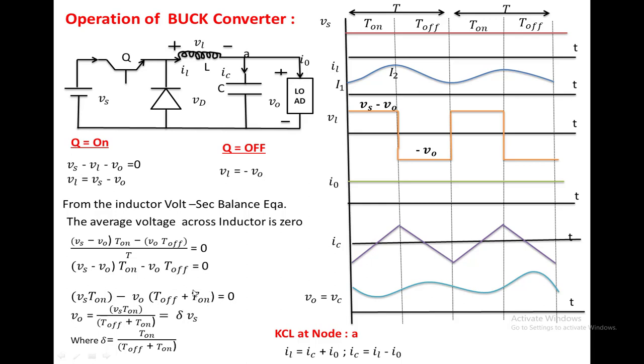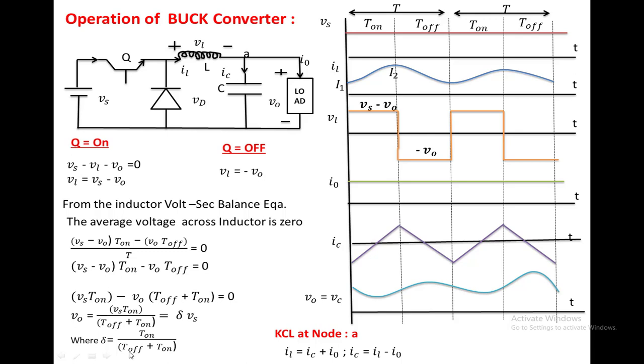This is equal to T. So substitute the value of T also and you find the value of V naught. V naught equals Vs into T on by (T off plus T on). This we can write as delta into Vs, where delta equals T on by (T off plus T on). This is nothing but the duty cycle of the switch.